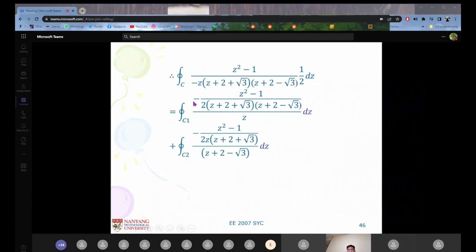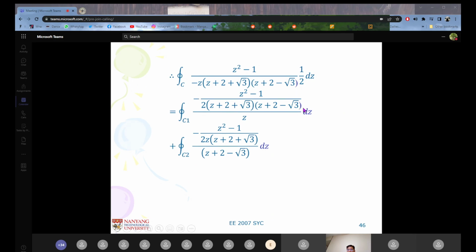Okay, so this one here, same as earlier on. I would now consider two singular points. One of them is at the origin. So in this case, I need to retain this z in the denominator. The rest, including 2 in the denominator here, everything including the minus sign, must appear in this numerator.